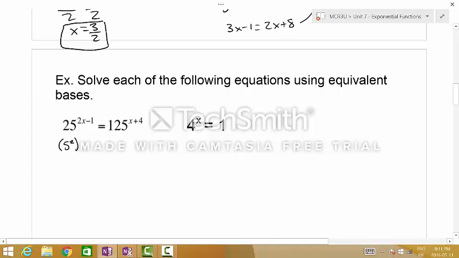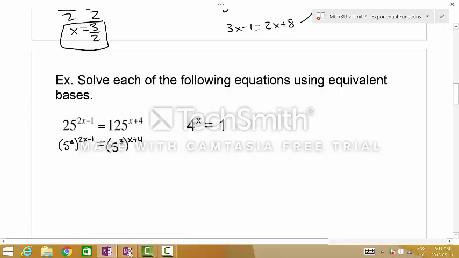Now, we know that 25 is 5 squared. So we should look at, is there a way where we can have 5 as our base, and what exponent will give us 125? 5 squared is 25. 25 times 5 is 125. So what that tells us is that 125 is equal to 5 cubed.